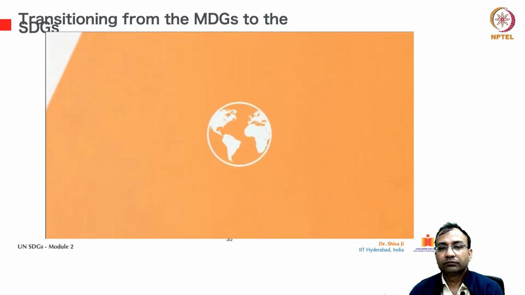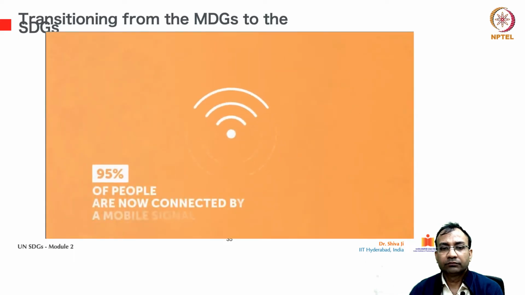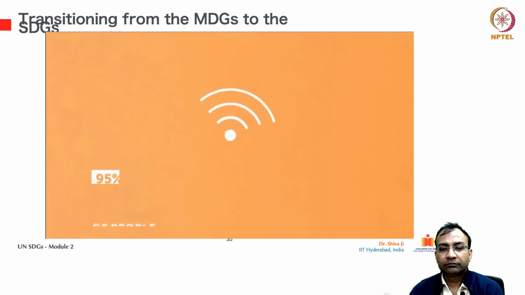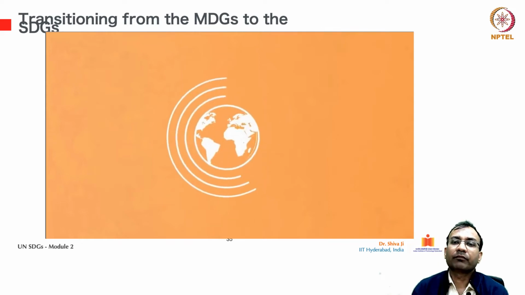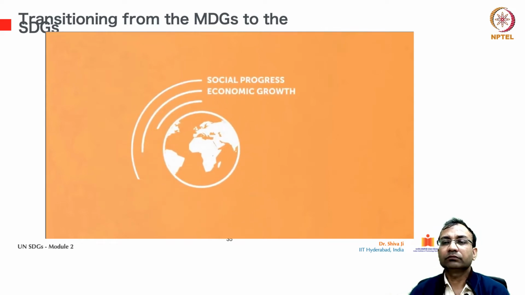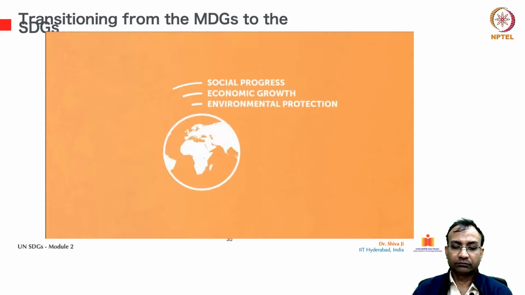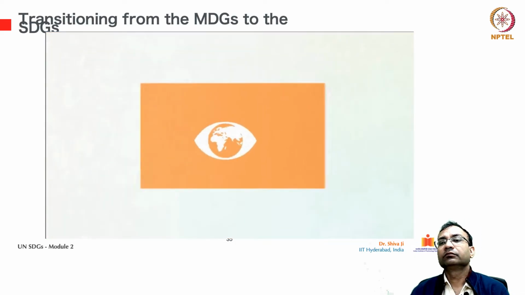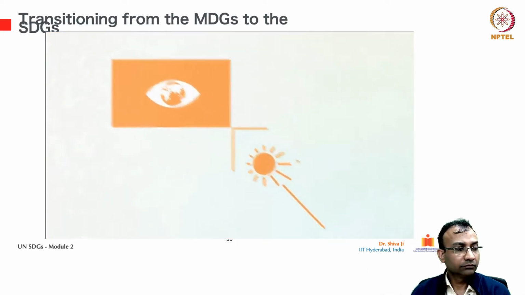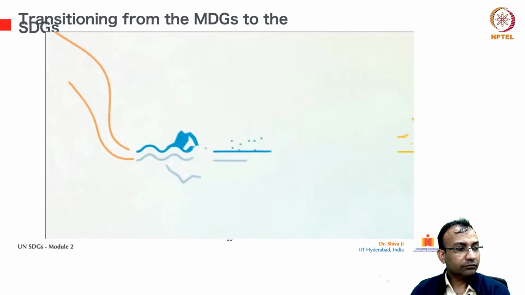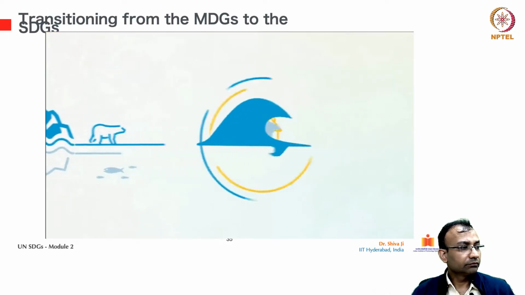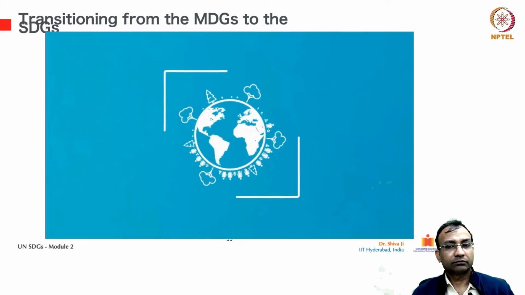Today, the world is more connected by technology. We know more about how to balance the 3 pillars of sustainable development: social progress, economic growth, and environmental protection. However, our climate is changing. Our planet is transforming, and there are more people on Earth than ever before.